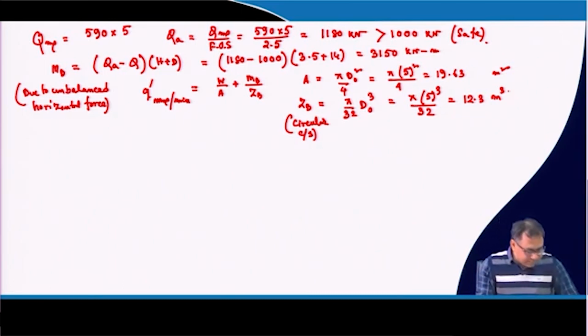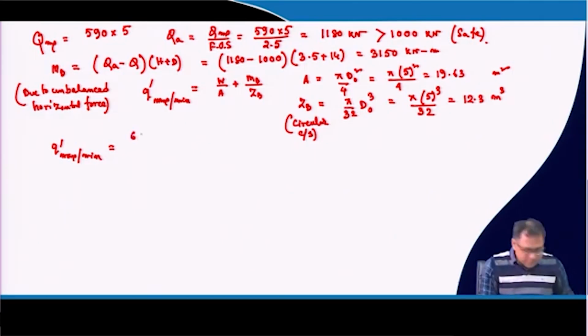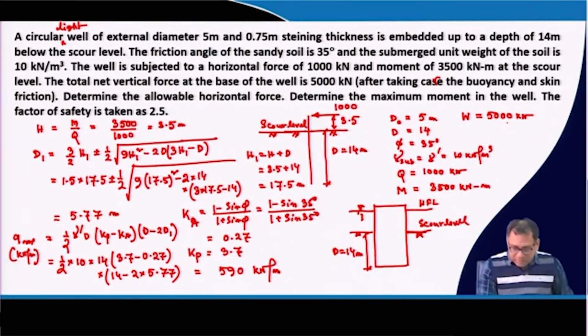So, finally, I can write that Q dash max mean is equal to W, which is 6000. W is given as 6000, because I have done the calculation by considering W as 6000.